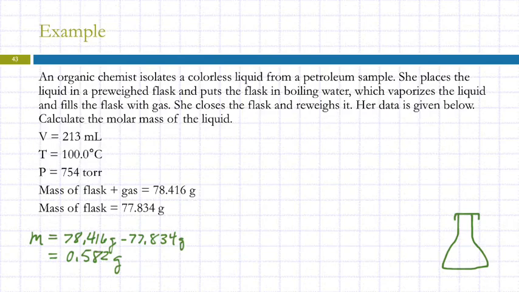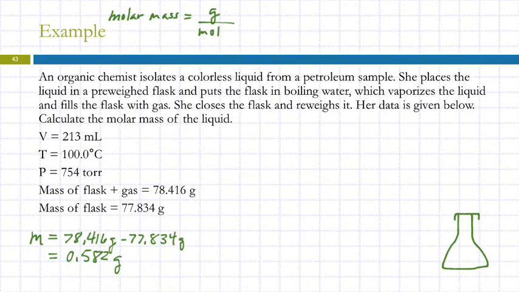In this problem, we're actually given a particular size. We're not choosing 1 mole. We're given a particular sample. So here's the mass. Again, we're looking for molar mass. Molar mass equals the mass in grams divided by the number of moles.